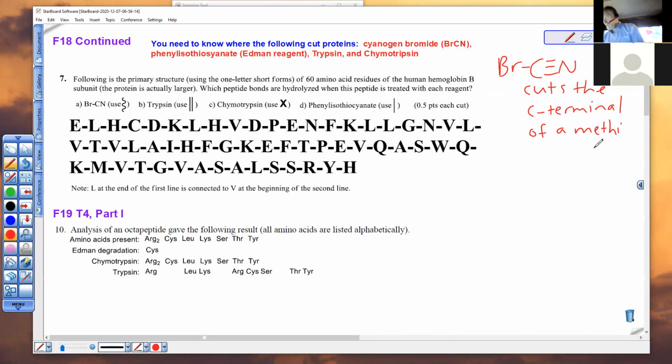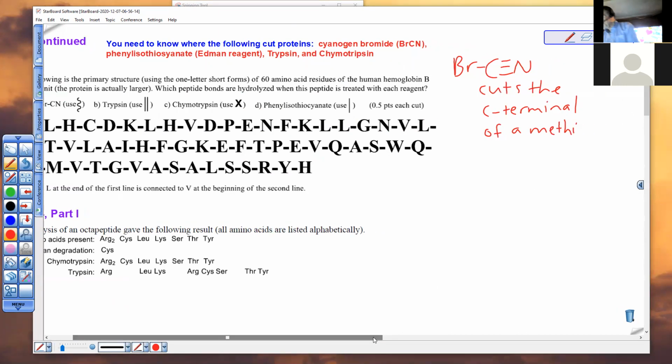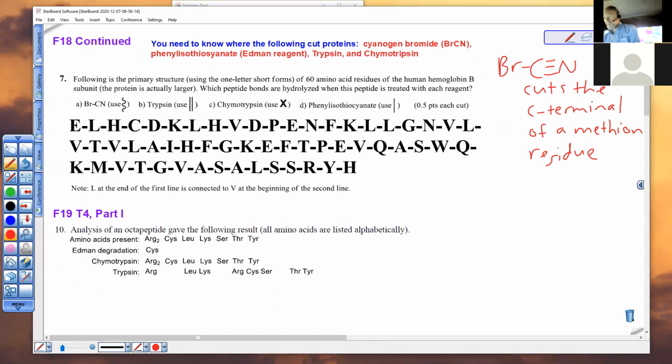And yeah, you're going to learn the mechanism for that too. So which one is methionine? Well, we got to go to page 1, don't we?